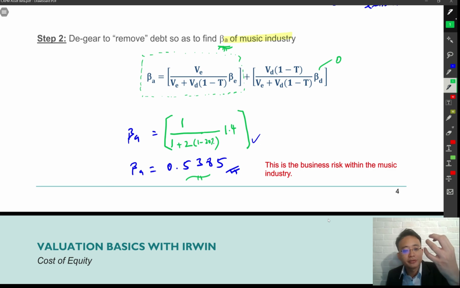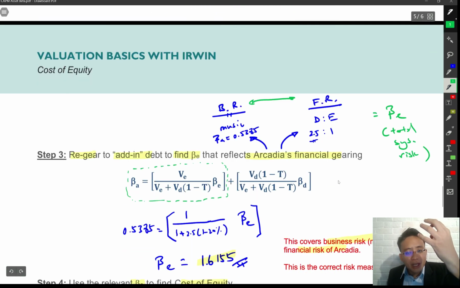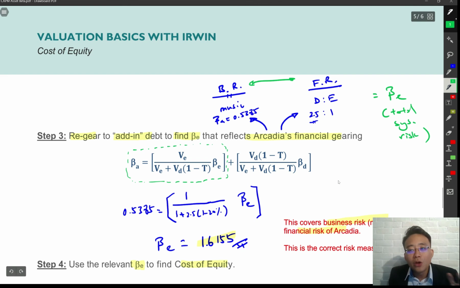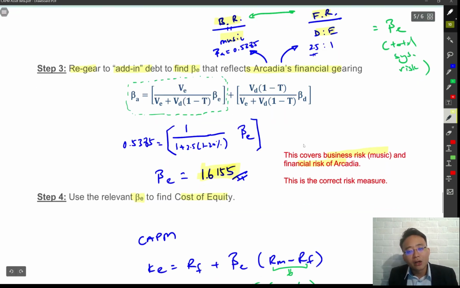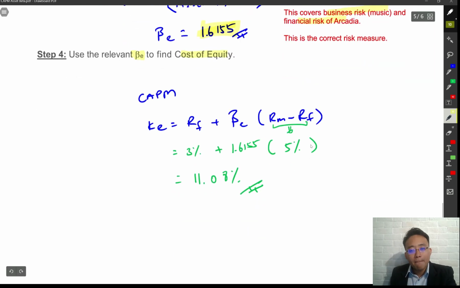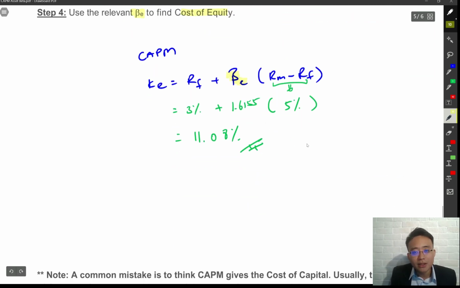Now that I have the business risk, Frankenstein operation, I will combine the new business risk of the music industry with its own personal financial risk, Arcadia's financial risk, merge them, and you will get your total risk measure, beta equity 1.6155. You are now free to use your CAPM and calculate, using that beta, the cost of equity that is relevant for this evaluation.